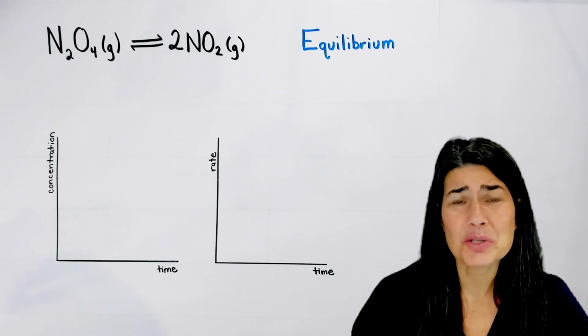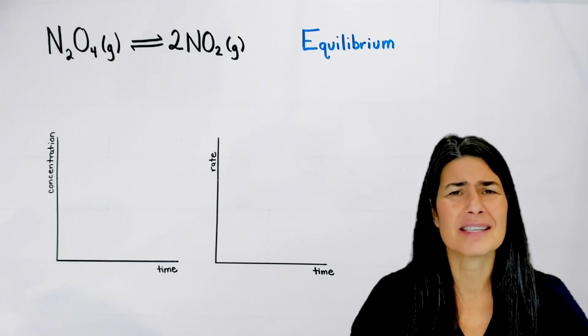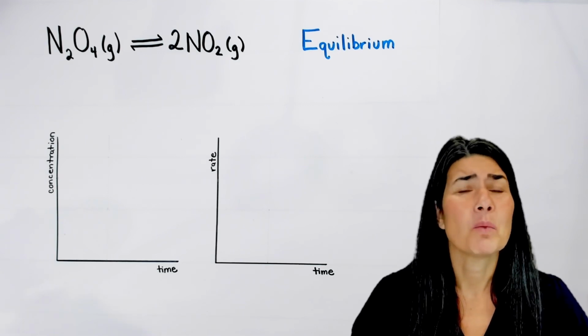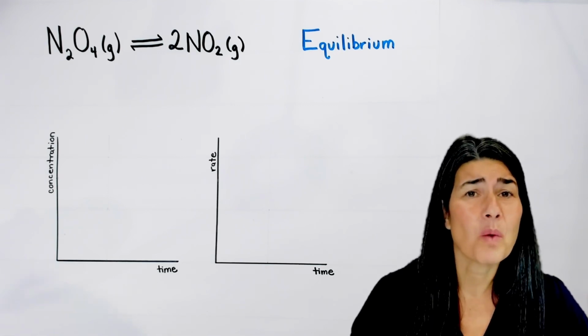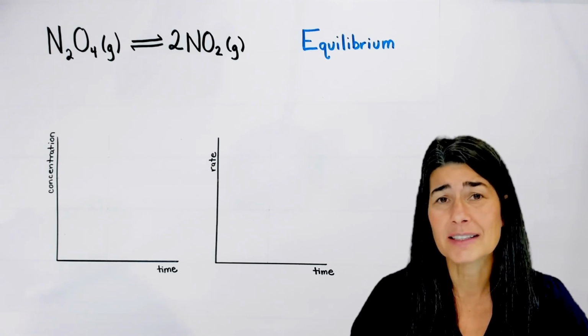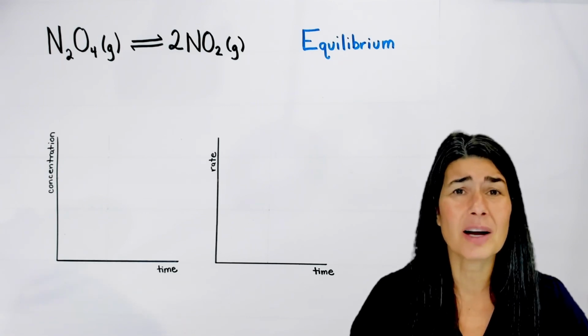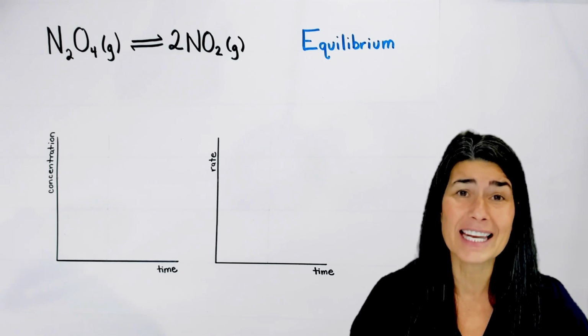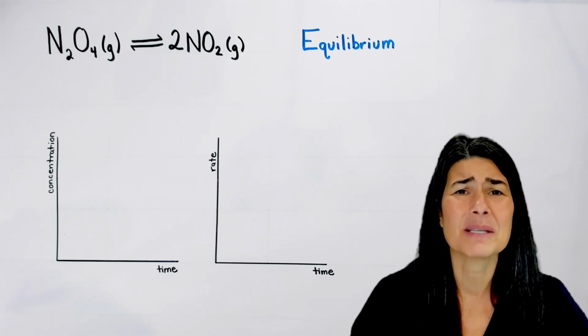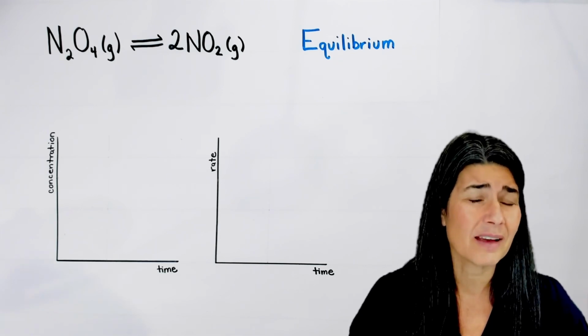Now, in chemistry, we're used to reactions that seem to go only in one direction. For example, when we burn wax, the wax reacts with oxygen to make carbon dioxide and water. We don't imagine that the carbon dioxide and water are going to hit each other and remake the wax. That seems to be one direction only.